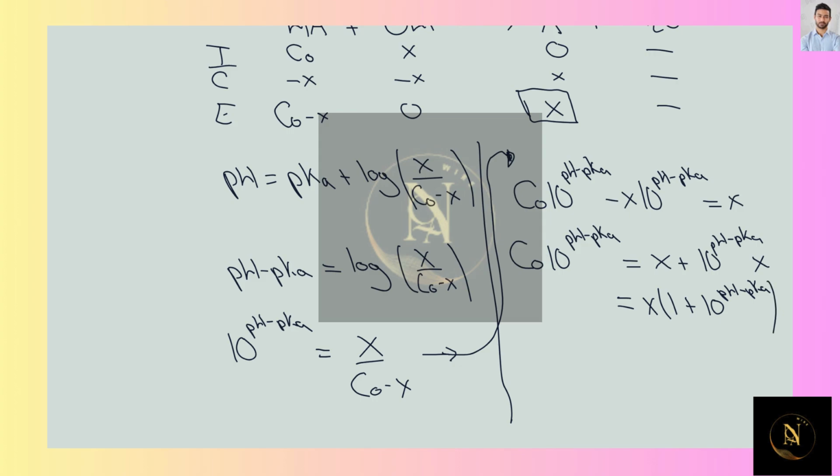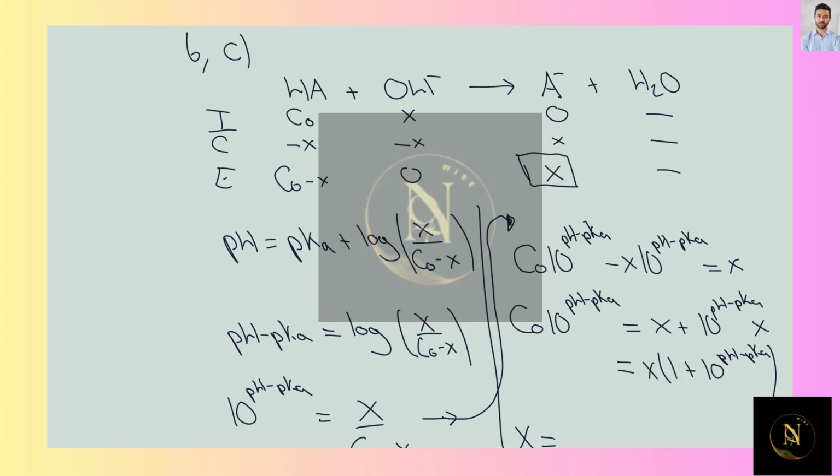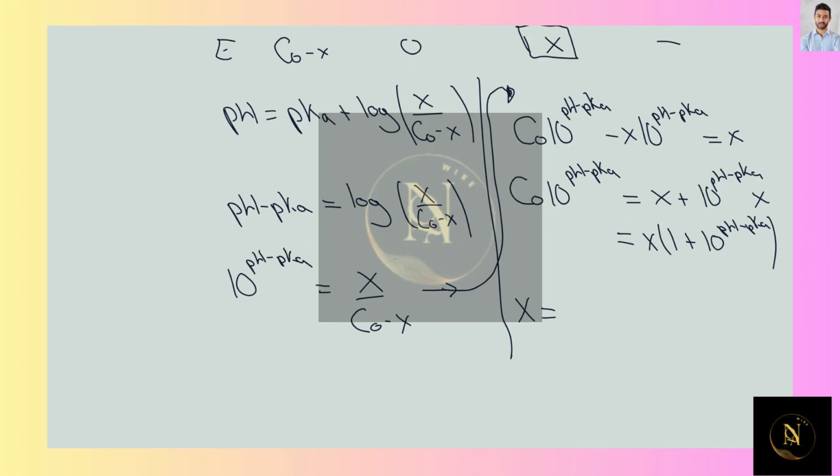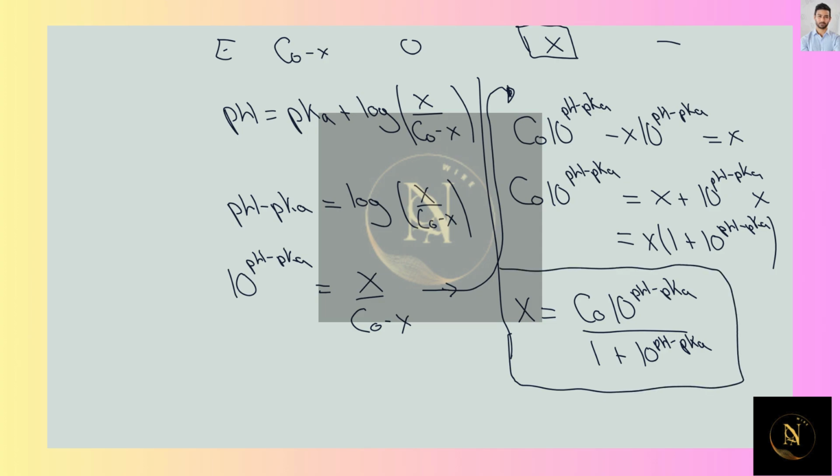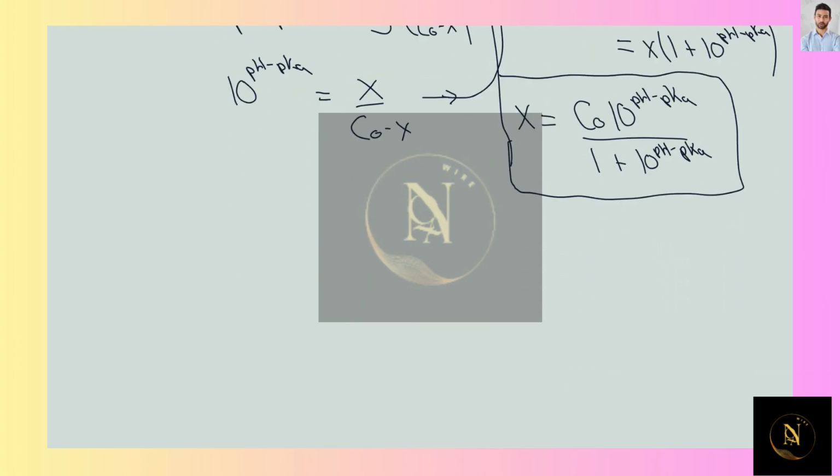And finally, the value for X that we need to add in order to reach the desired pH will be C0 times 10 to the pH minus pKa over 1 plus 10 to the pH minus pKa. And this is the equation that we're going to use for both of the problems B and C.